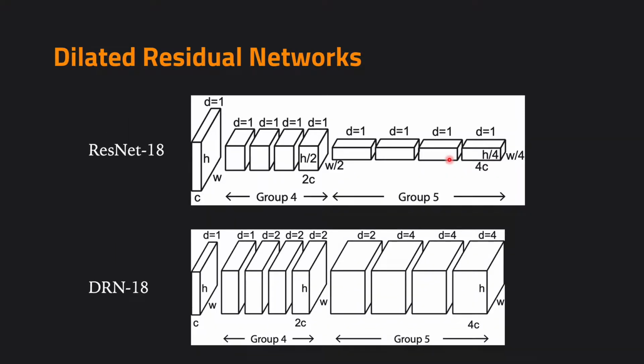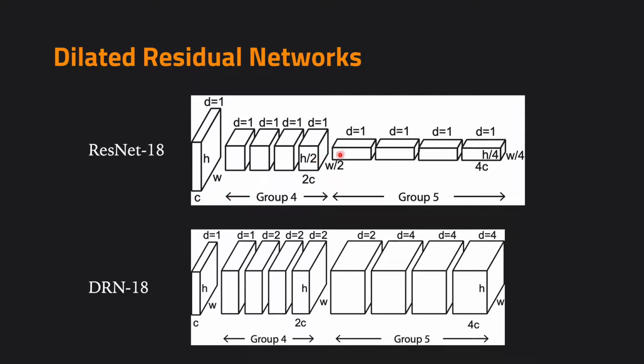Fortunately, to study that, we can also use dilated convolution. So here is another view of how we can transform a ResNet 18 to a higher resolution feature map with dilated convolution. ResNet 18 also follows the scheme of VGG with multiple groups.